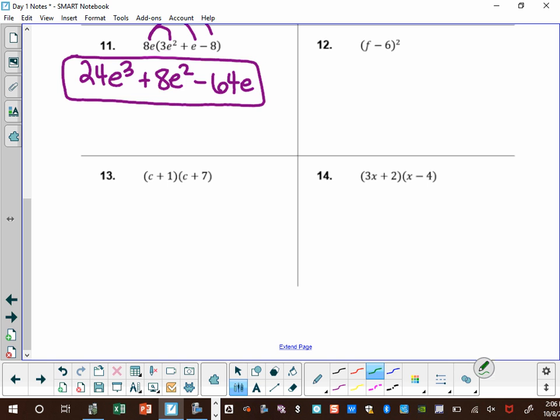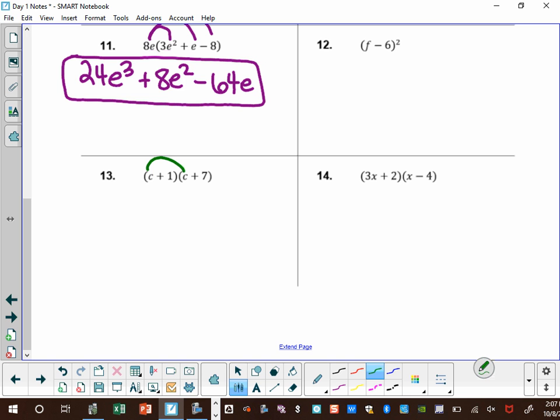On 13, this is where we start foiling, okay? Foil means first, outer, inner, last, or you can just double distribute. If we double distribute or do foil, this C is going to be multiplied to C. Do you guys see that?